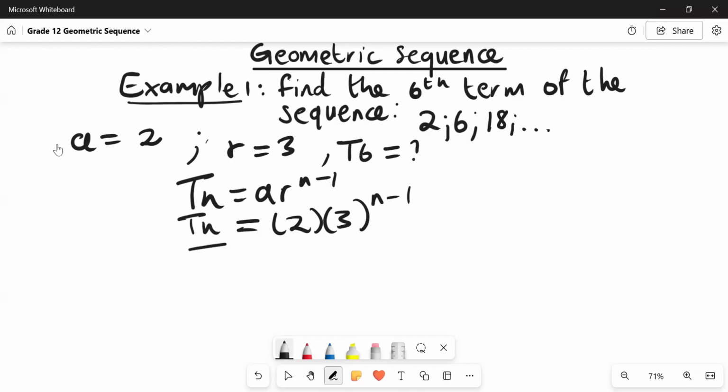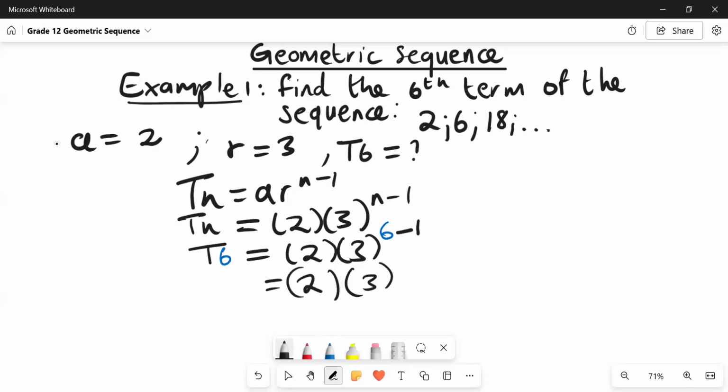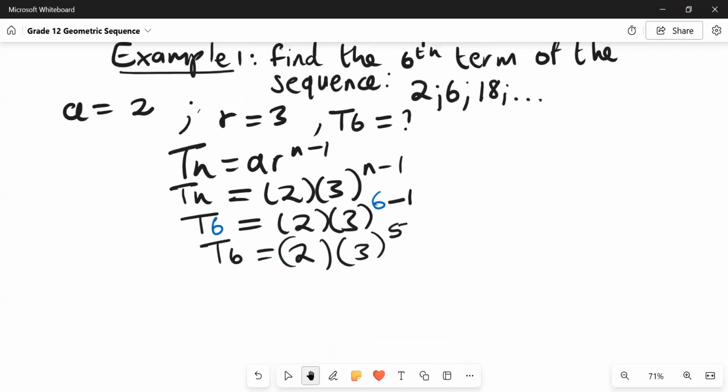Now in place of n, we substitute 6. So T6 equals 2 times 3 raised to the power of 6 minus 1, and this gives us 2 times 3 to the power 5. That's T6. When you use your calculator, you get 486.